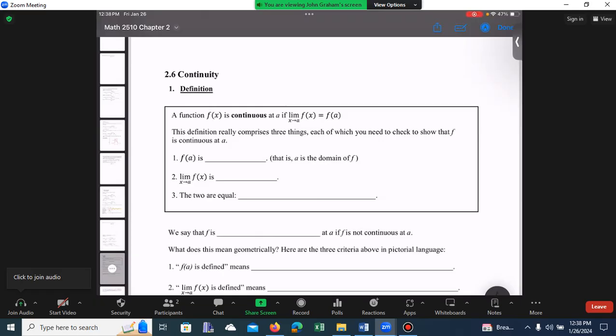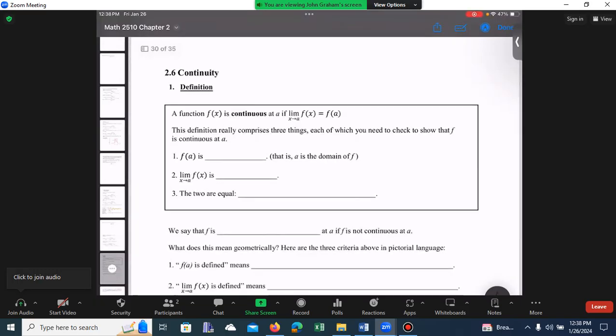It's a simple definition, but it does involve three major parts. First, f of a is defined. That is, a is in the domain of f of x, or your function.